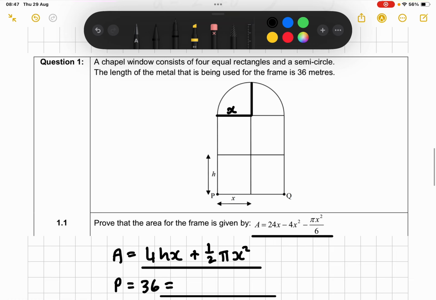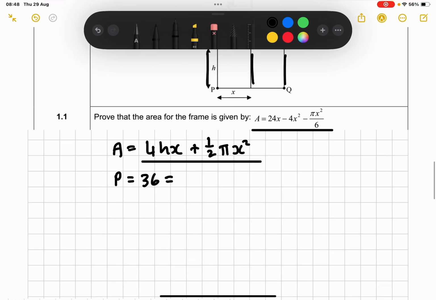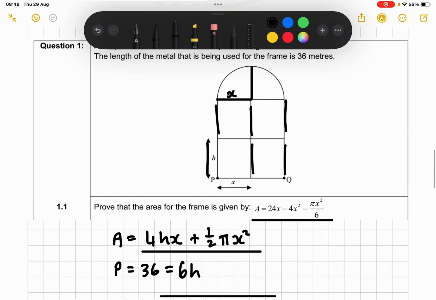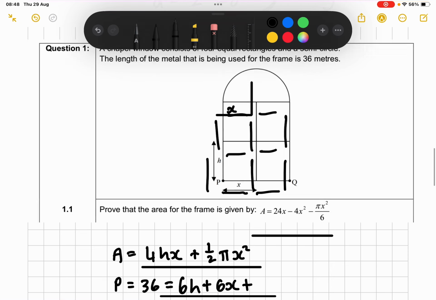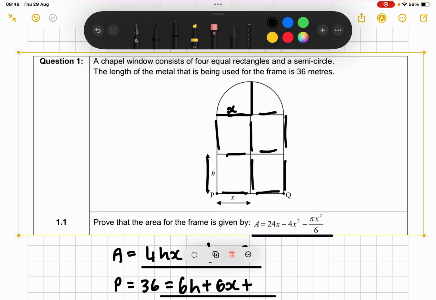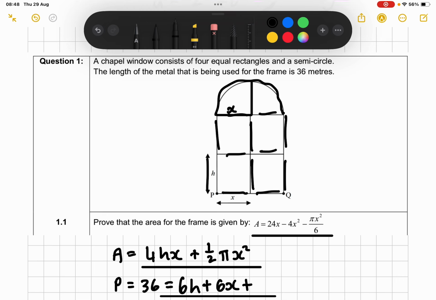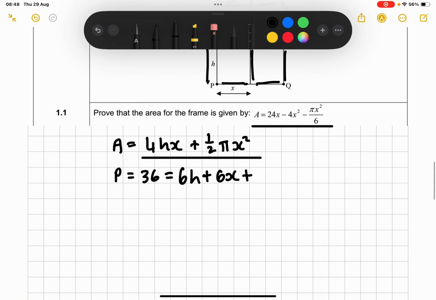The perimeter in this case is going to be equal to 1, 2, 3, 4, 5, 6 h's, 6h, plus 1, 2, 3, 4, 5, 6 x's, and then this last little bit of the semicircle, which is, well, the circumference of a semicircle is 2 pi x, or 2 pi r, but multiply that by a half.